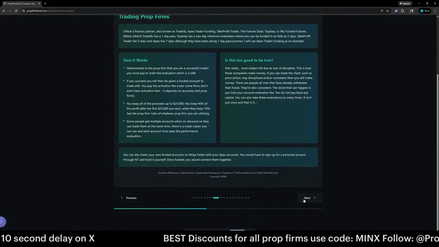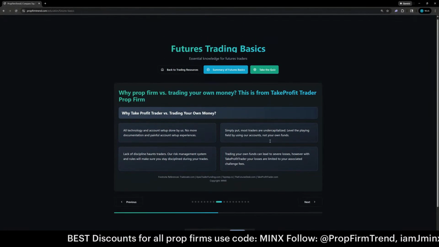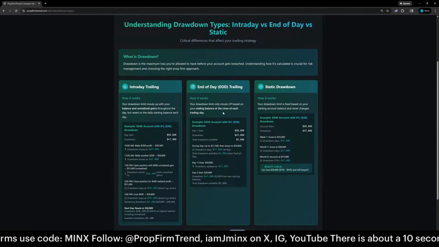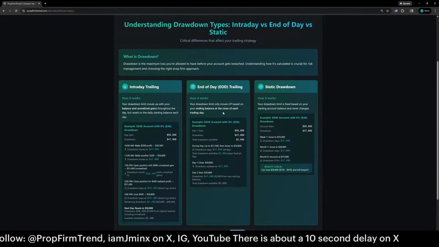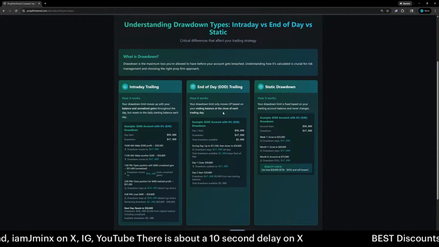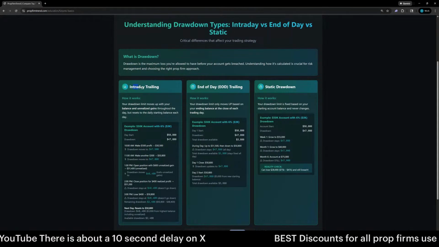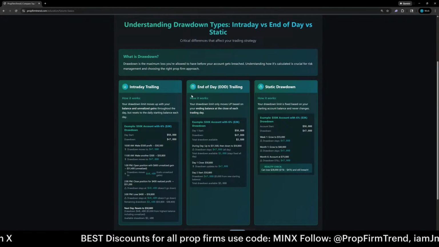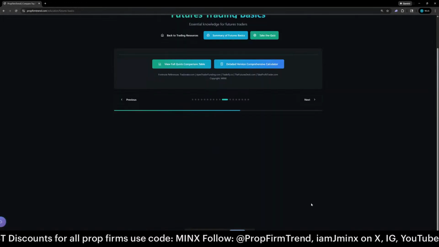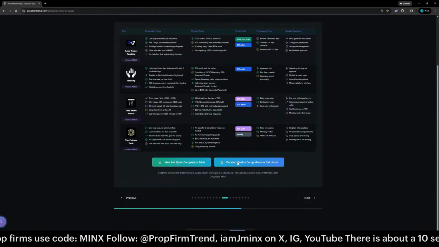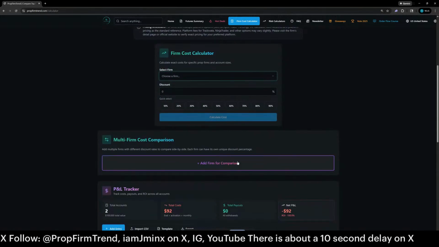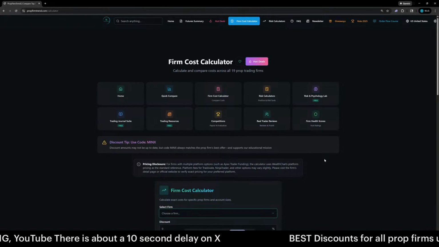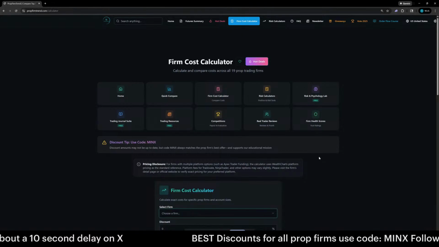And the different types of drawdowns. I know a lot of people that are trading, regardless of how long they've been trading futures, a lot of them don't know the difference between these three. And some don't know how to size in for trading and things like that. So if you're fairly new, this is going to be your best thing, to go through that little course.